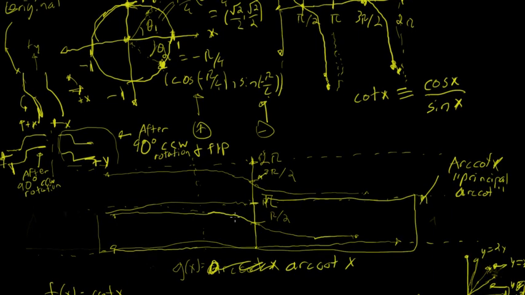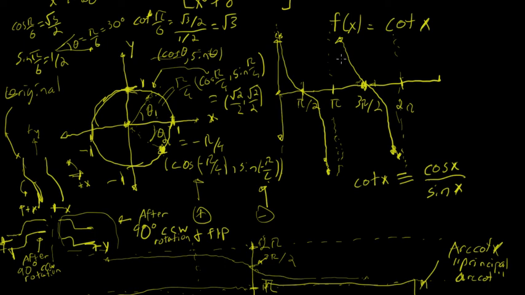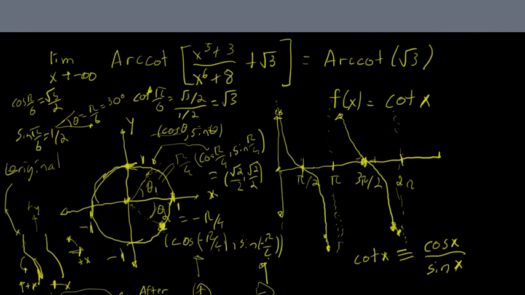Both of those correspond to the region over which the principal arc cotangent is defined. So this principal arc cotangent of square root of 3 is pi over 6, and that is your limit.